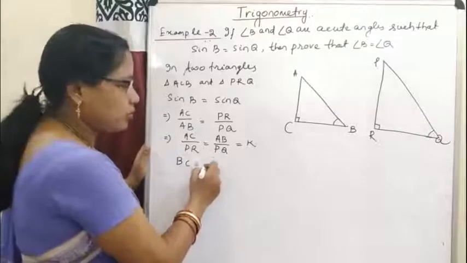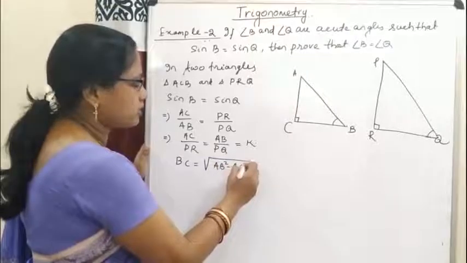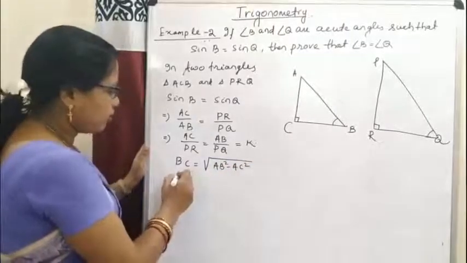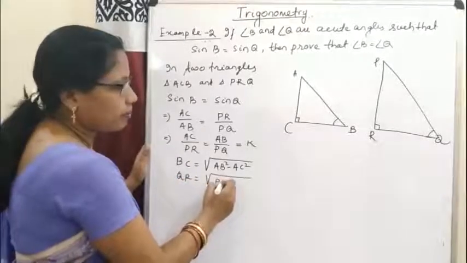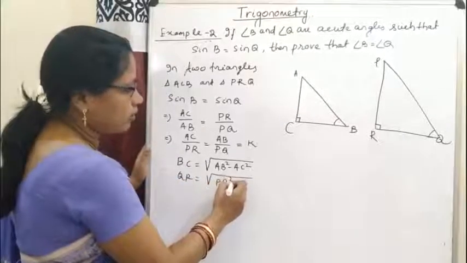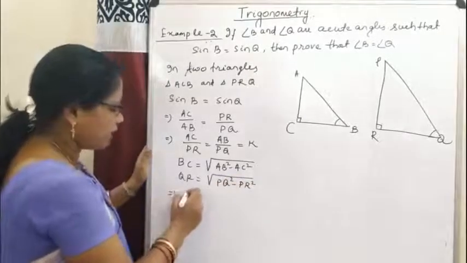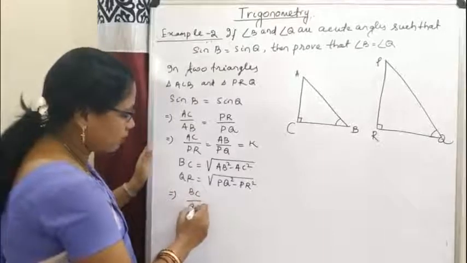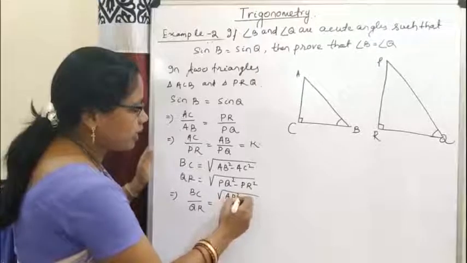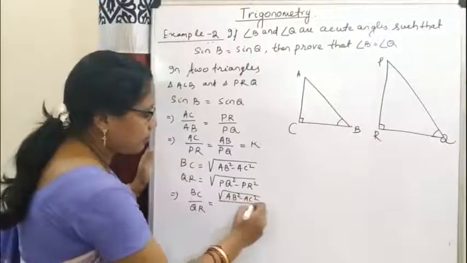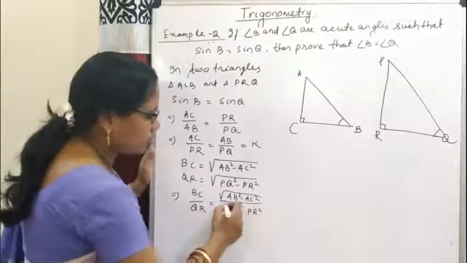BC is equal to square root of AB square minus AC square, and QR is equal to square root of PQ square minus PR square. So this implies BC by QR is equal to square root of AB square minus AC square by PQ square minus PR square, square root.